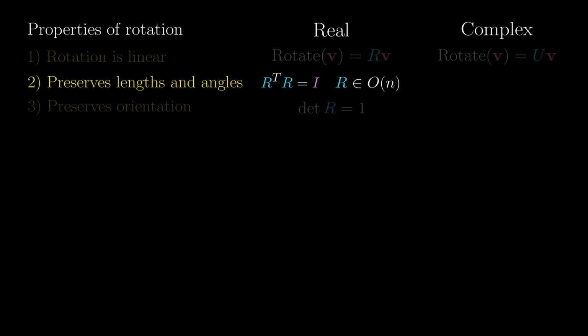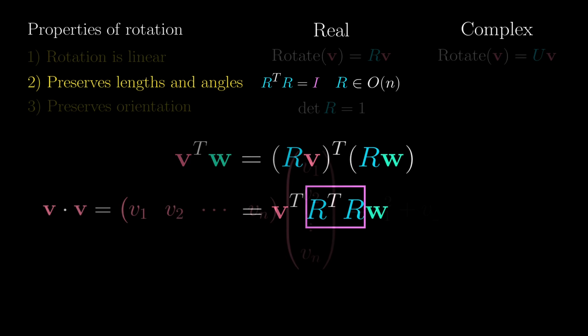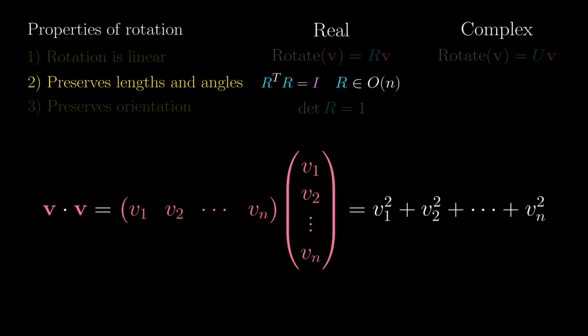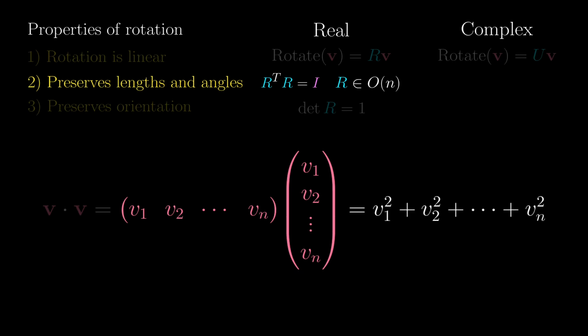We previously derived R transpose R equals identity by considering the unchanging dot product after rotation. Now, one very important property of real dot products is that if you dot a vector with itself, then by doing the transpose first vector operation, we get a sum of squares of the components. If the vector v is real, then this is larger than or equal to 0.